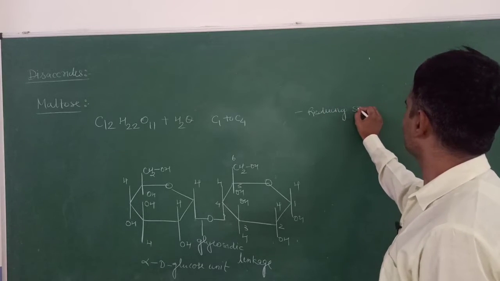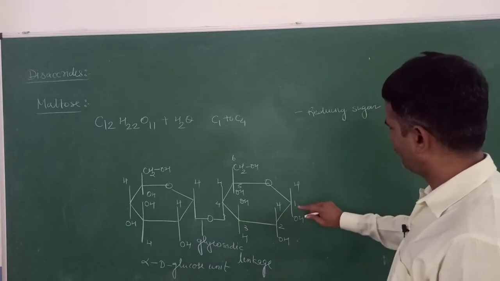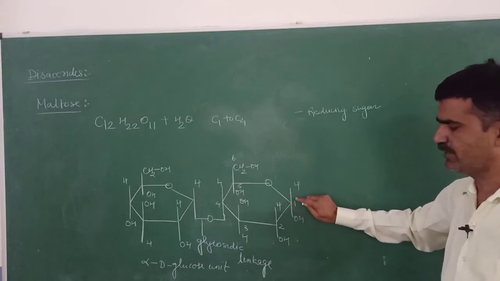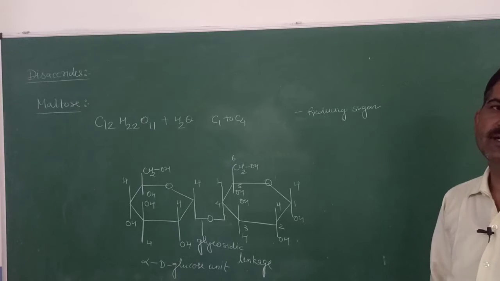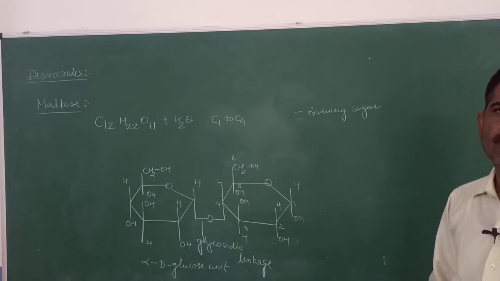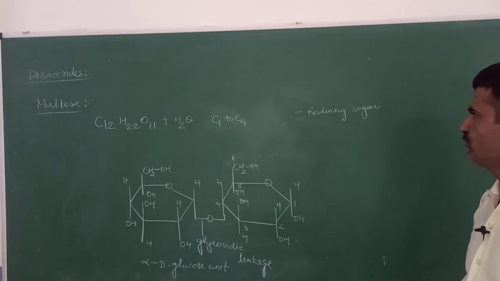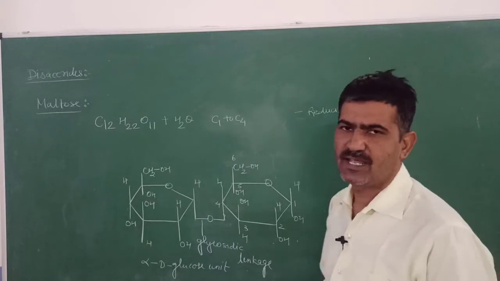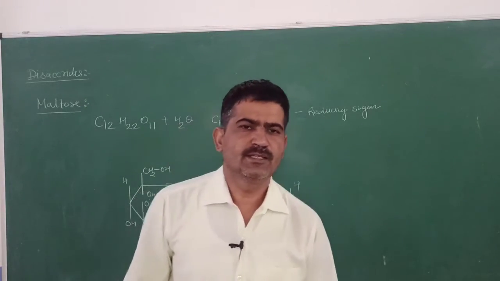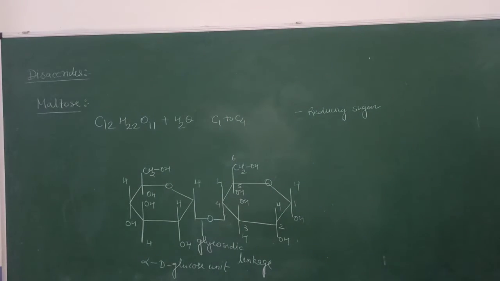Why is it a reducing sugar? Because the aldehyde group at carbon number 1 is free, and it is sweet in taste. This is all about the maltose. After this we will study the next disaccharide, known as lactose.